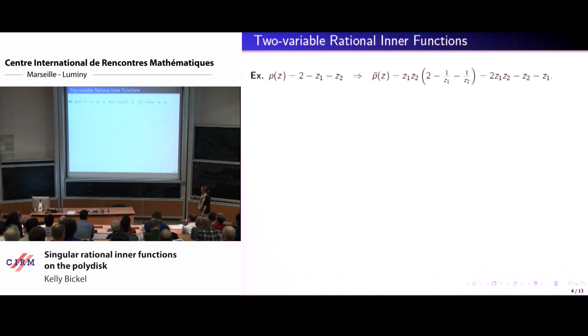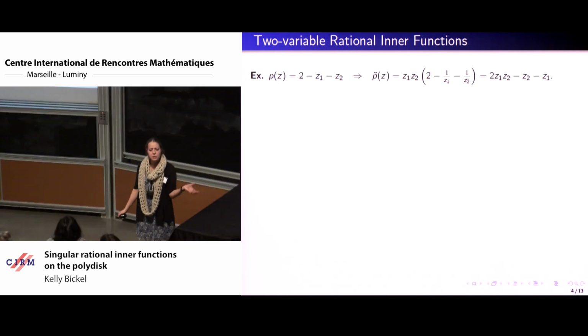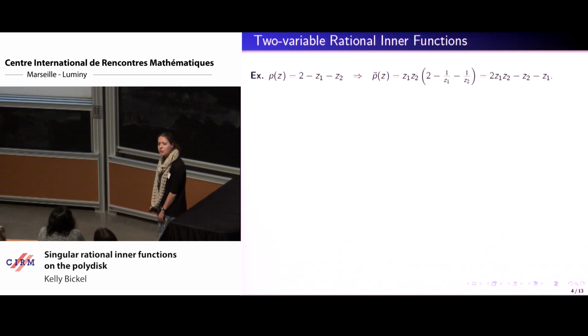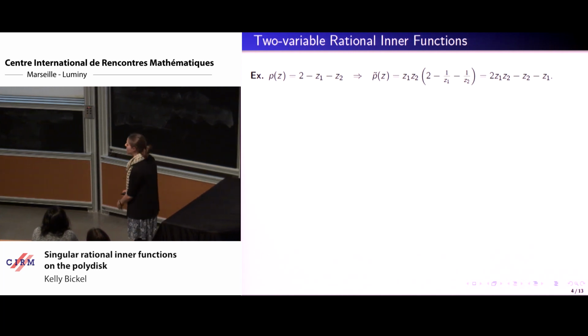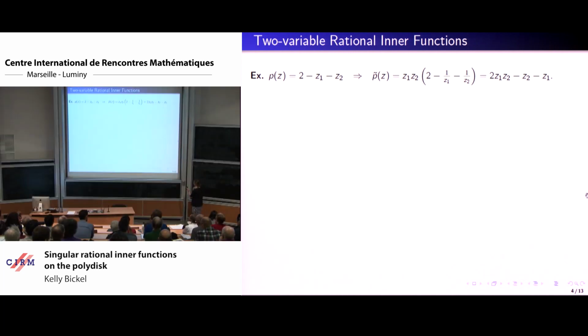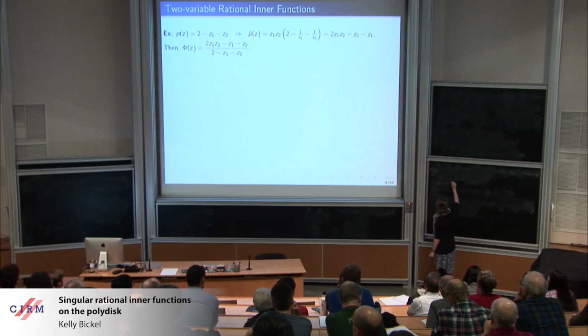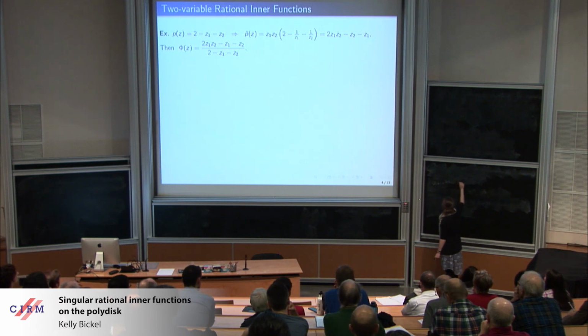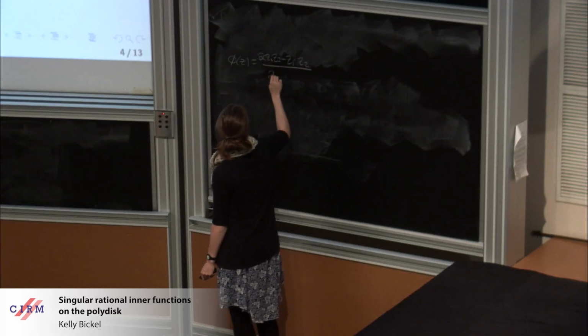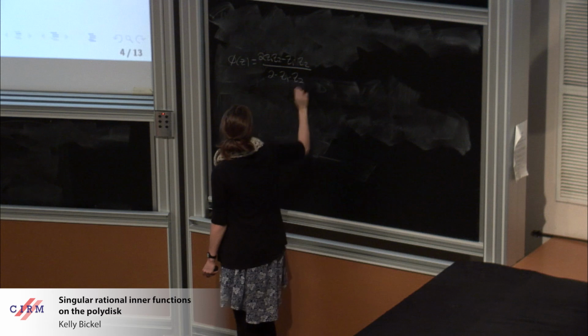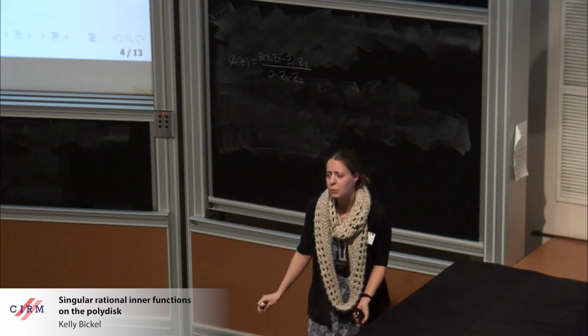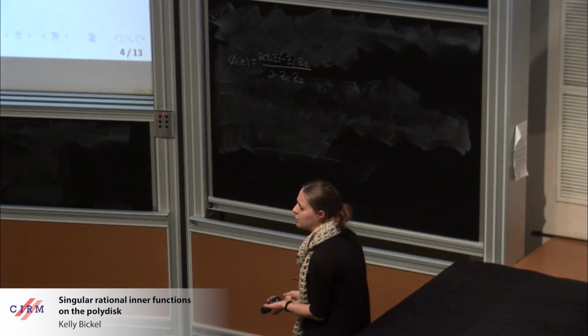We take our denominator, plug in 1 over z1 bar and 1 over z2 bar and bar again to get the term in parentheses, and then multiply by the appropriate monomial to get a degree 1, 1 polynomial. And then if we take the ratio of these two, I get a very simple degree 1, 1 rational inner function of two variables.